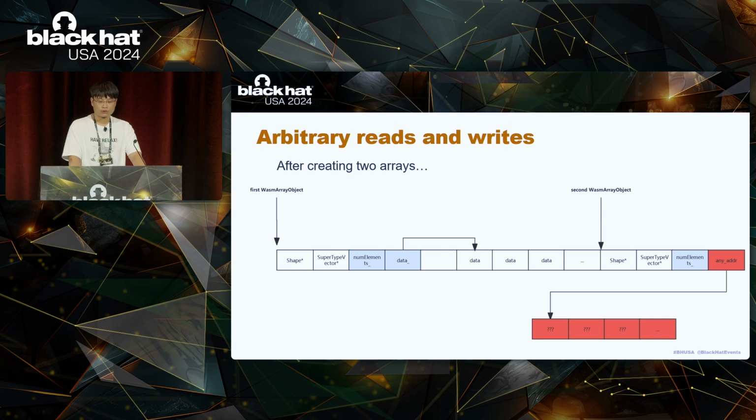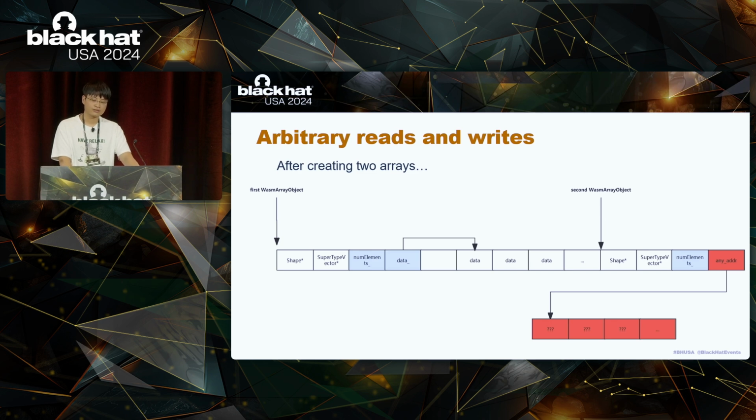Returning to our initial question, how do we convert this out-of-bounds read and write into arbitrary read and write? First, we can utilize out-of-bounds read to read the data after the first array's data area. For example, we can read the array contents pointed to by the data pointer of the second array.